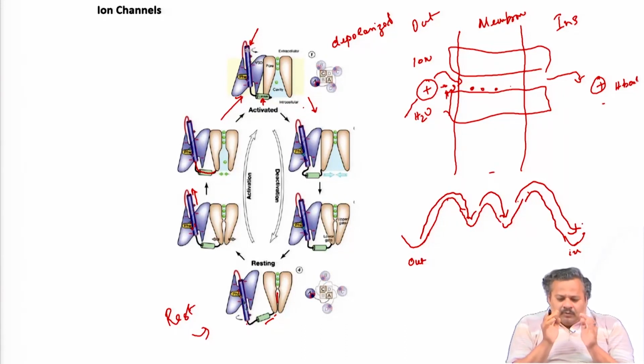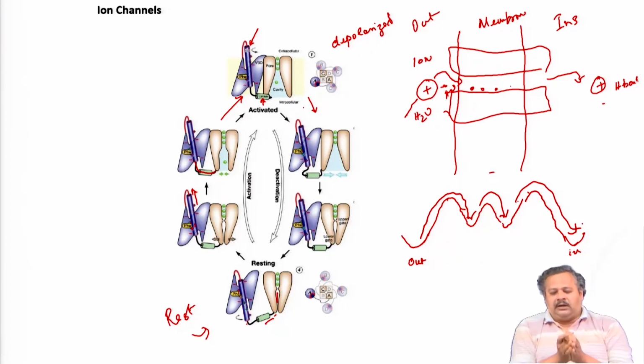So while the gating mechanism is important, and we will see how that becomes important, we will not go into all the detailed modeling of this. We will bring it down to the level of a nonlinear conductance.